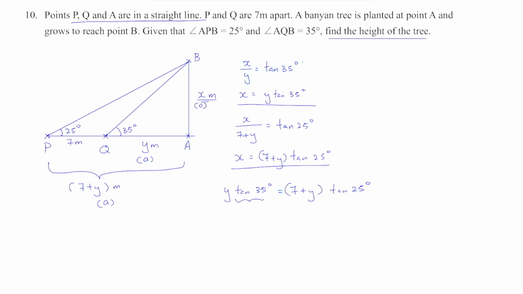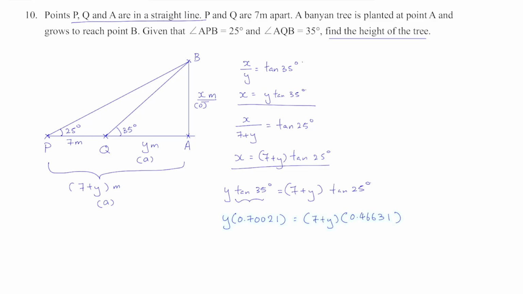So tangent 35 equals to, so y bracket 0.70021, 5SF, then equals to bracket 7 plus y close bracket, then tangent 25 close bracket equals to 0.46631 (5SF).